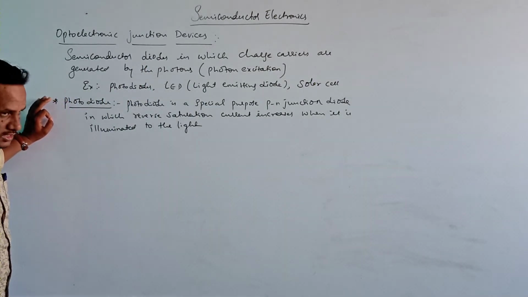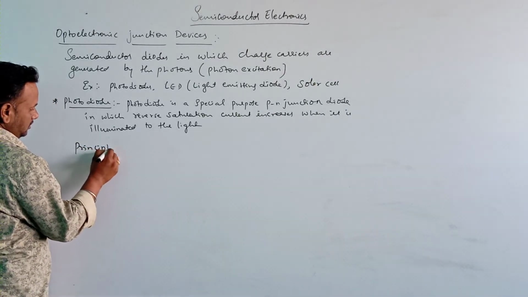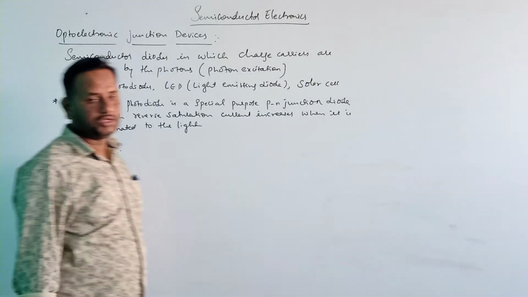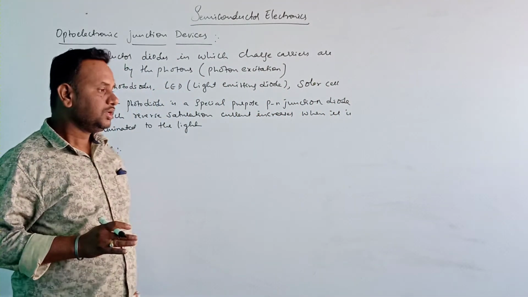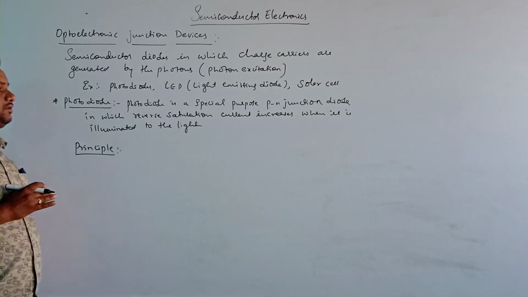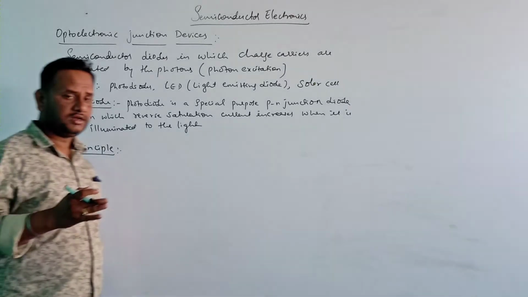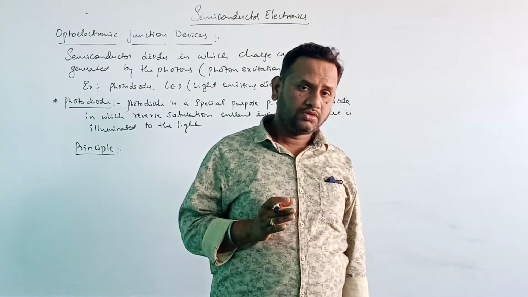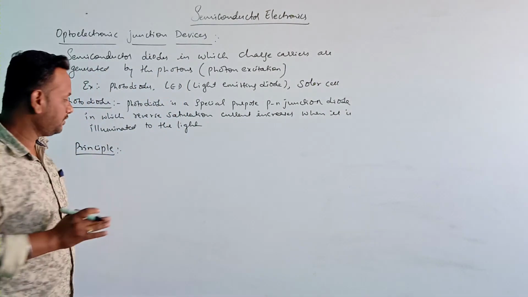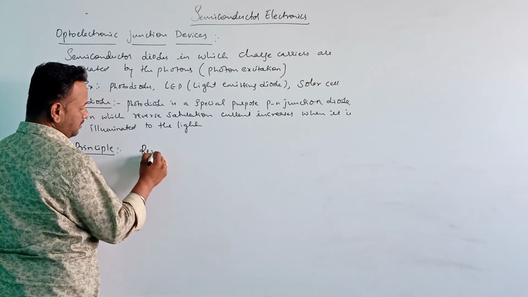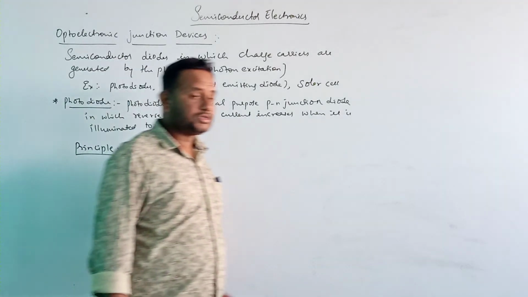So what is the principle? Its principle is that it works under reverse bias. When this photodiode is under reverse bias, it has a very small current only, because of the minority charge carriers present in it. I am writing it briefly here: it works under reverse bias.